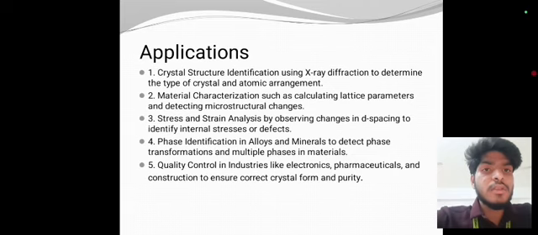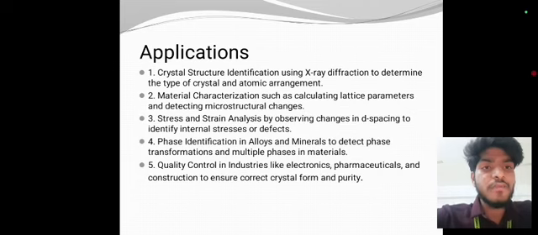Now see some applications of this. First, crystal structure identification using X-ray diffraction to determine the type of crystal and atomic arrangement. Second, material characterization, such as calculating lattice parameters and detecting microstructural changes. Third, stress and strain analysis by observing changes in d spacing to identify internal stresses or defects.